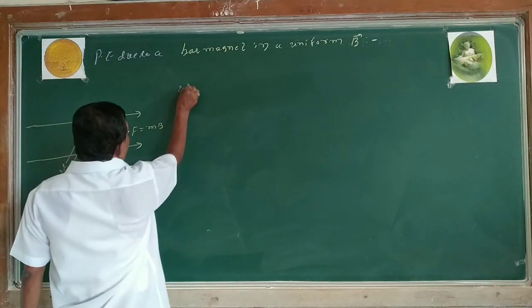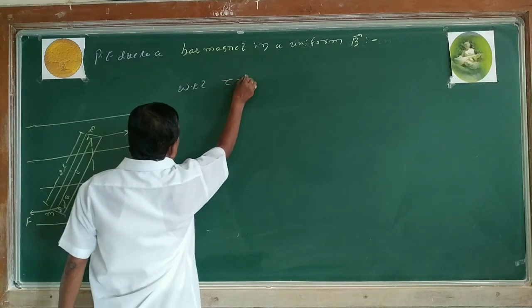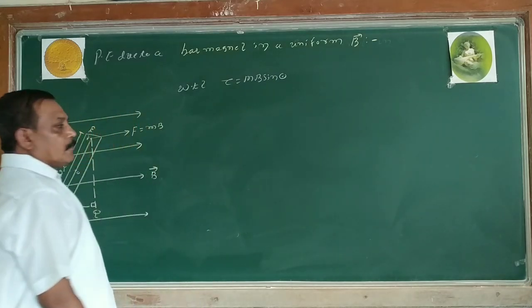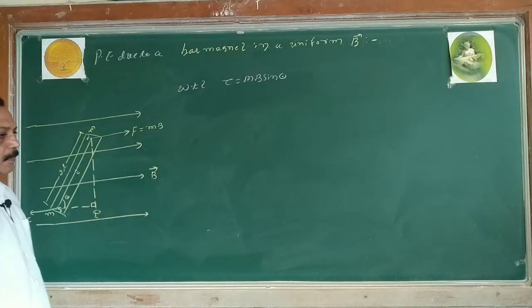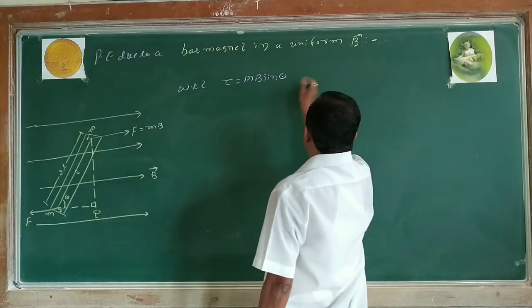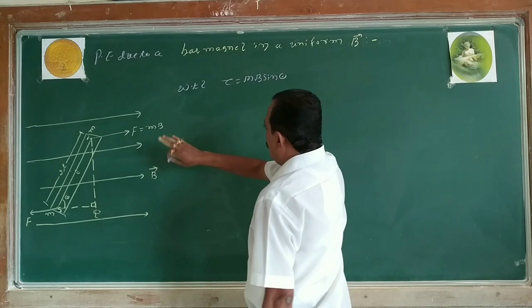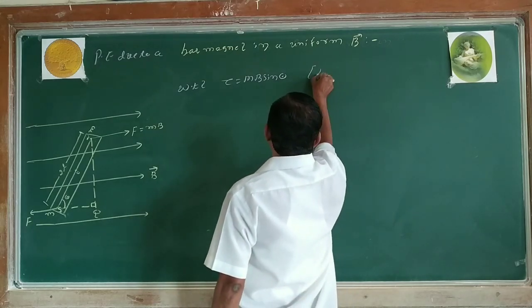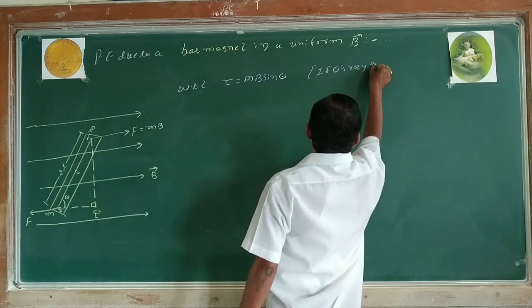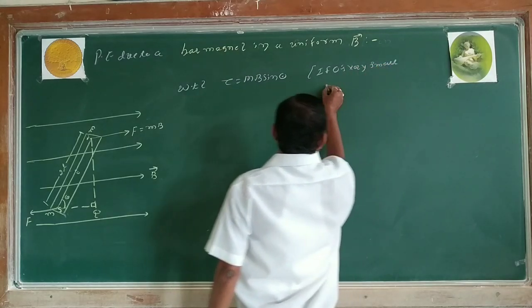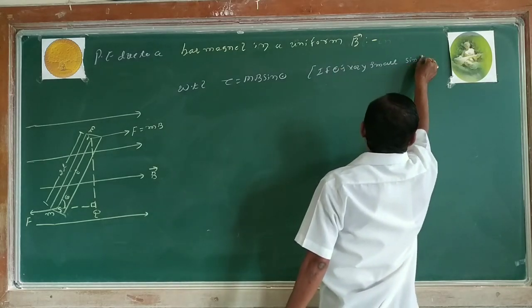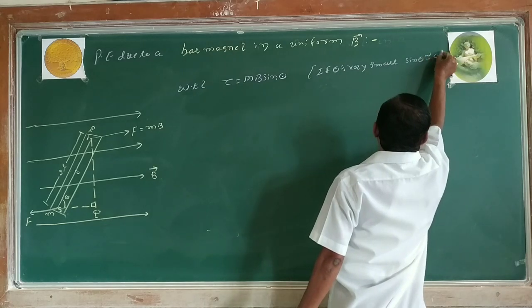We know that torque tau equals mB sin theta. It rotates through a small angle. If theta is very small, sin theta is nearly equal to theta.